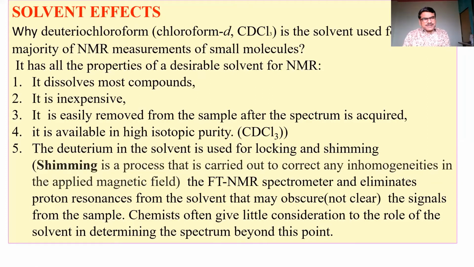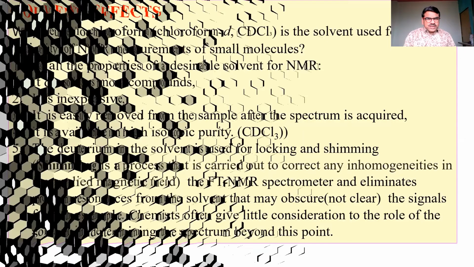It is not the case that a solvent is only required for solid organic compounds; it is also required for liquid organic compounds. If you want to take the NMR spectra of ethanol, in that case also we have to mix the ethanol with the reference standard used in NMR spectroscopy. So this is the property of deuterium.